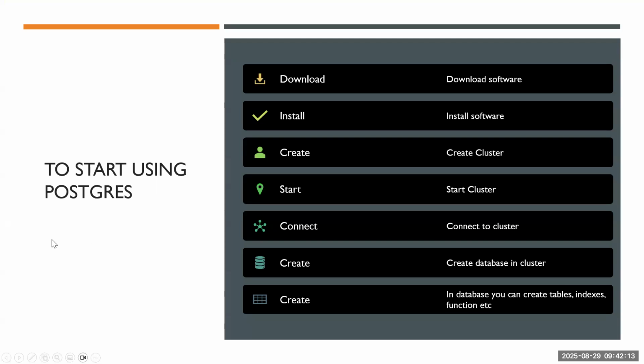Every database administrator should know how to use the software. Whatever product you are learning, be it Oracle, SQL Server, Postgres, MariaDB, as a database administrator you should first know how to download the software and how to install it.